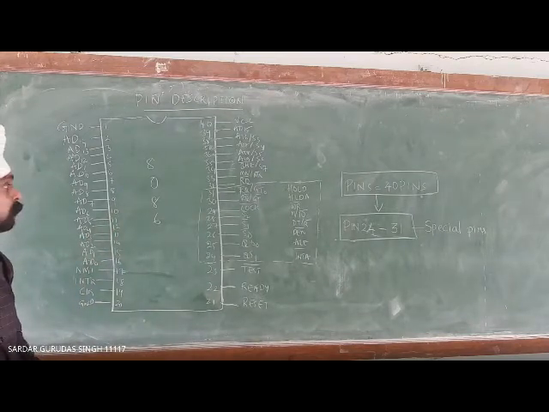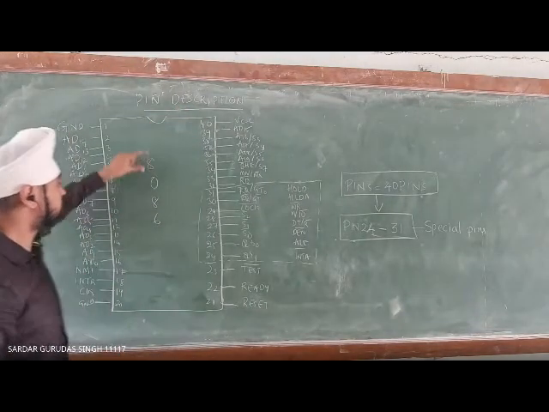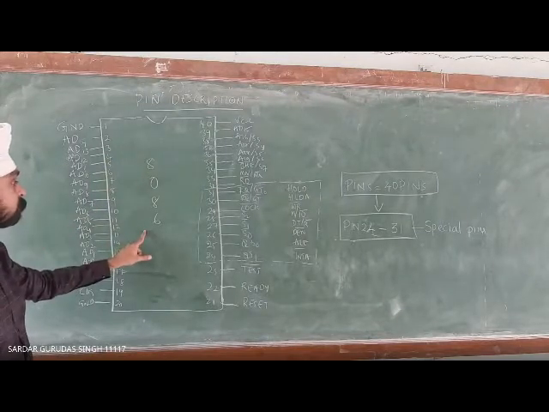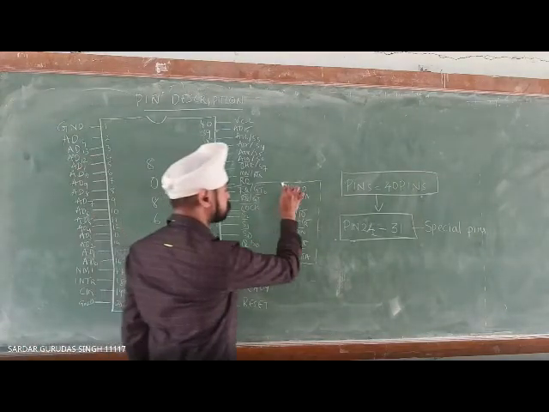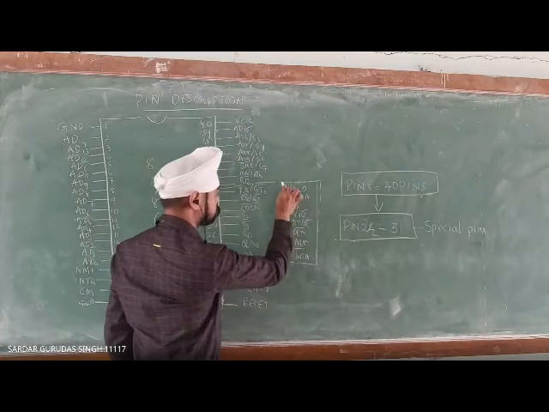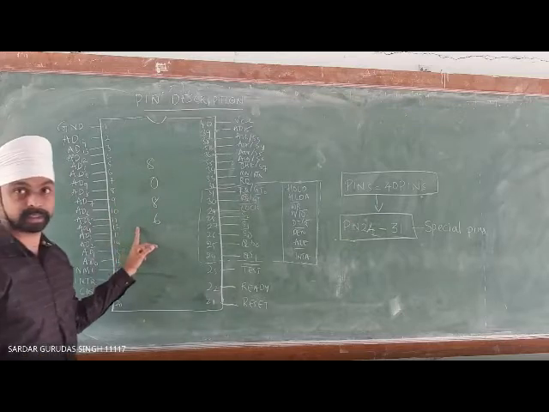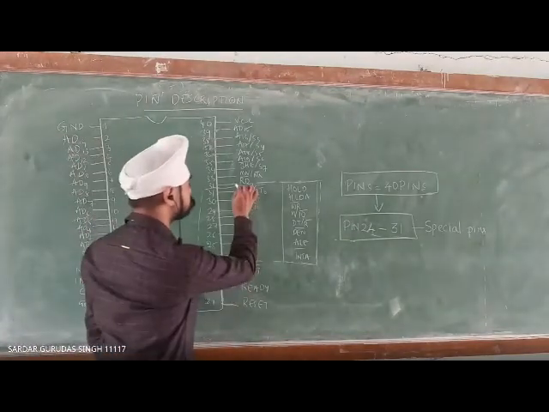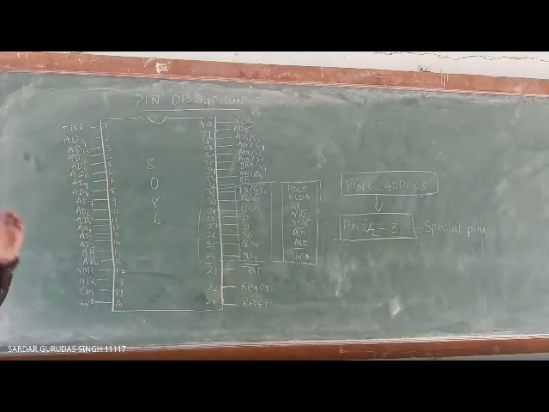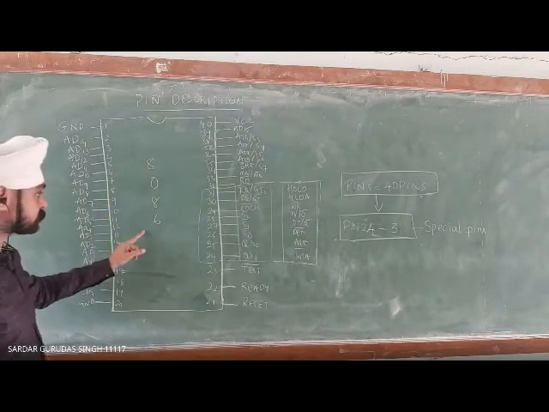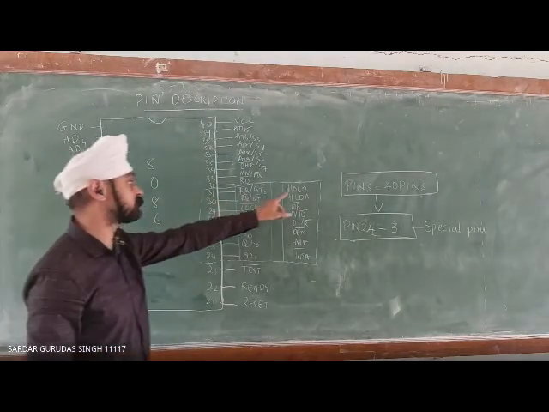Now, what we need to understand is, if you are configuring your 8086 as a single processor, then these pins are used. If you are configuring 8086 as a multiprocessor, then you will use these pins. Depending upon the 8086 configuration, the operation of pins 24 to 31 changes.